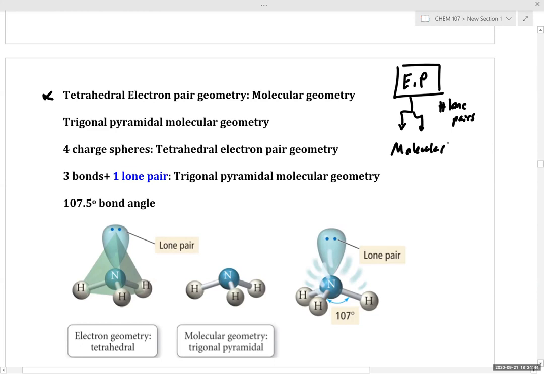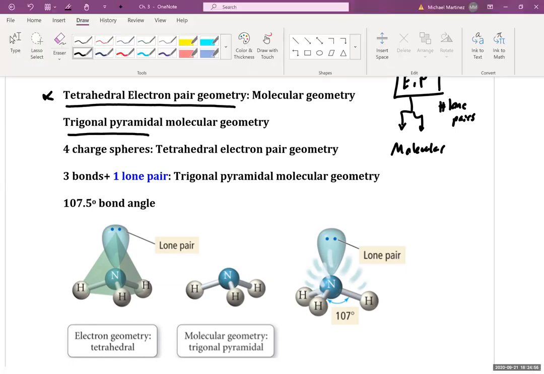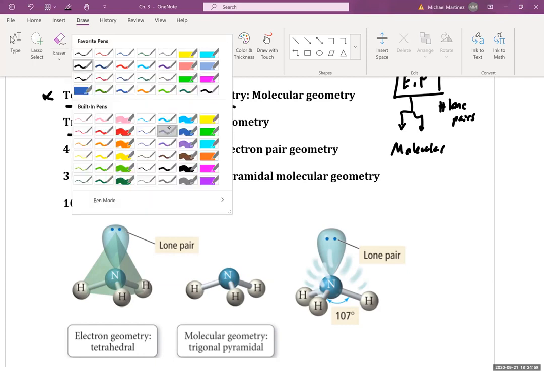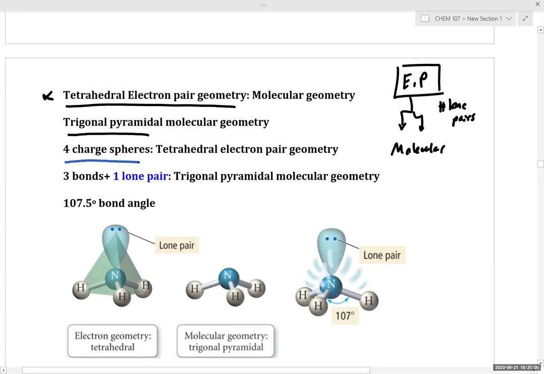So we're going to look at variations of the tetrahedral electron pair geometry, the first of which is known as trigonal pyramidal. In the trigonal pyramidal molecular geometry, we still have 4 charge spheres, but this time we have 3 bonds and 1 lone pair.